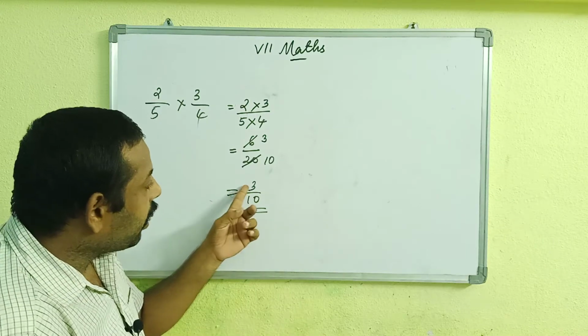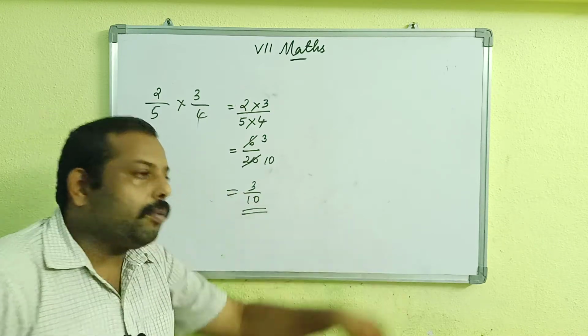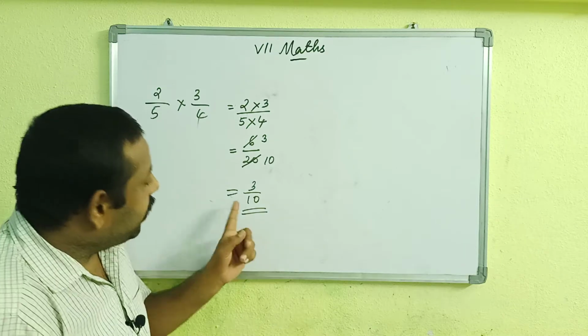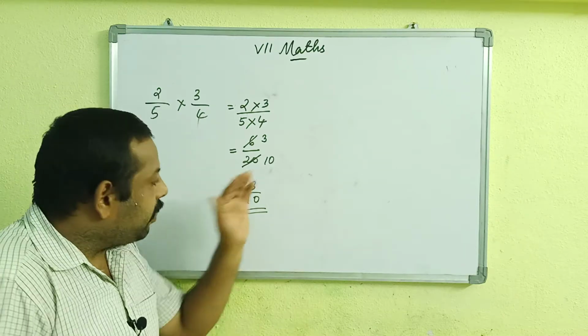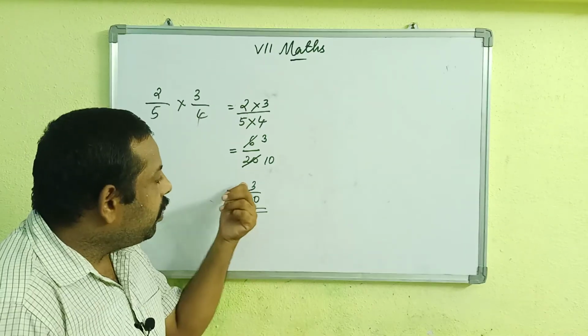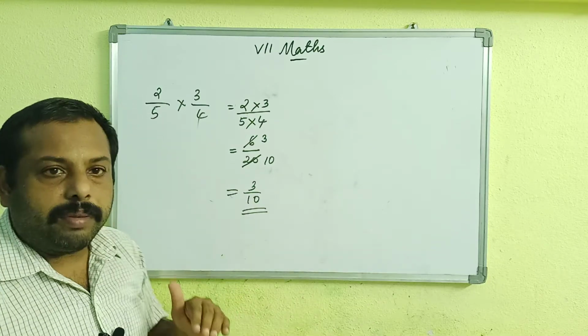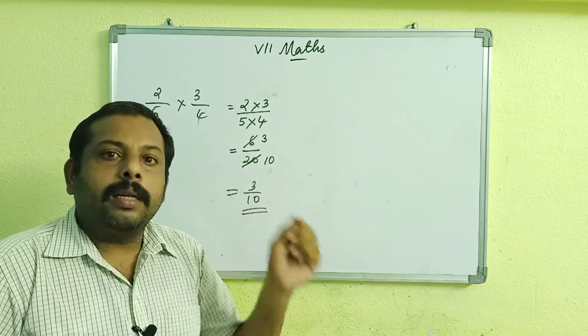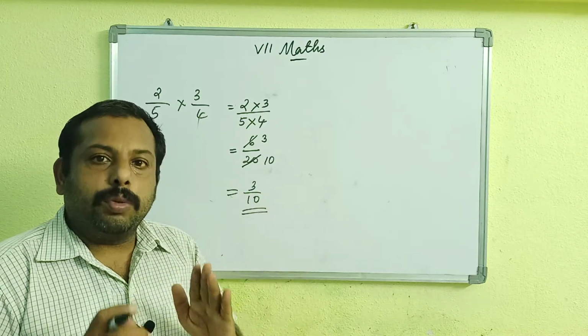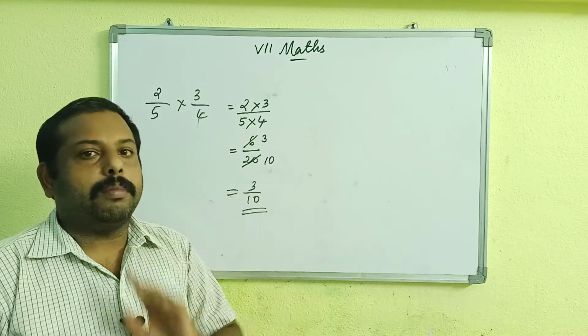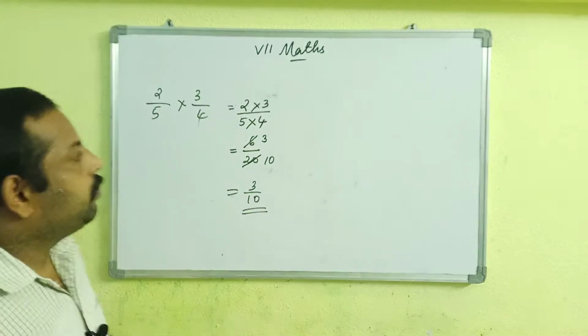Why? Because 3 can be divided by 3, but 10 cannot be. Or 10 can be divided by 2, or by 5. But can you divide 3 by 2 or 5? It is not possible. So, whenever you simplify, both numerator and denominator should be divided by the same number. Keep in mind. Okay, next problem.